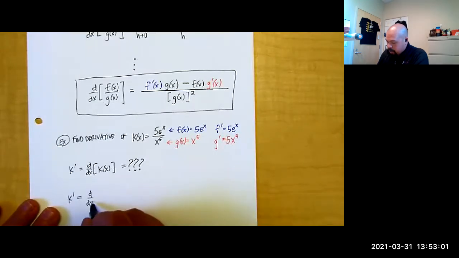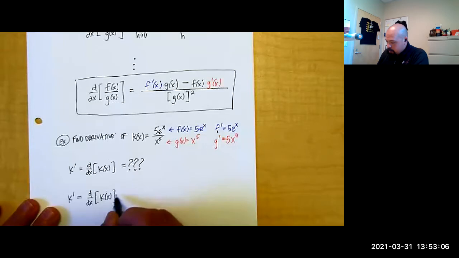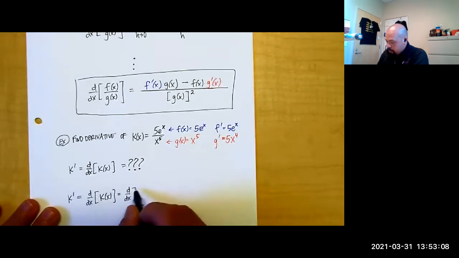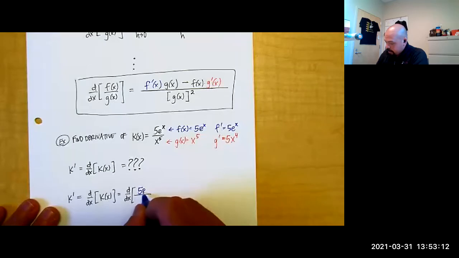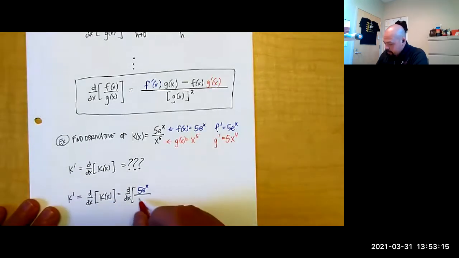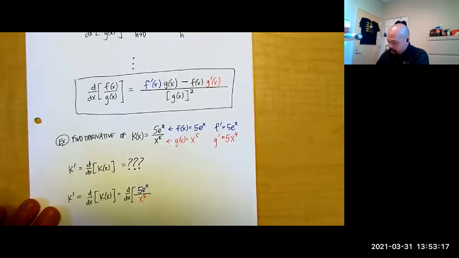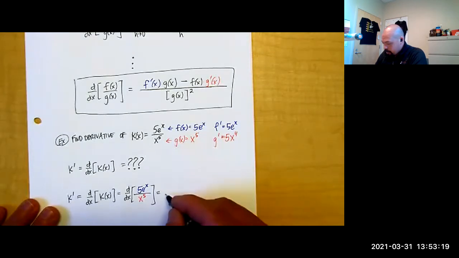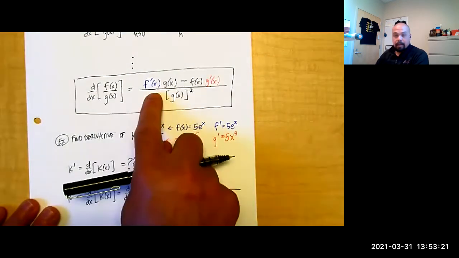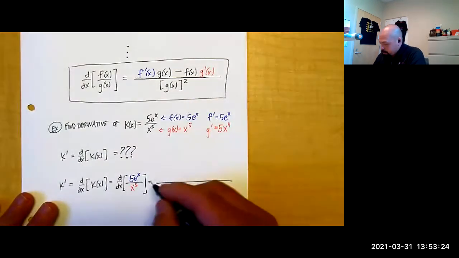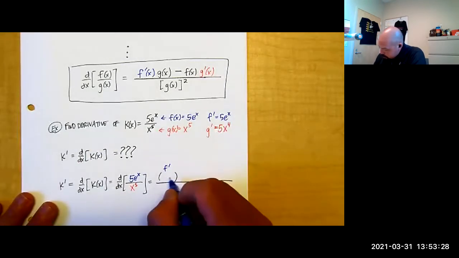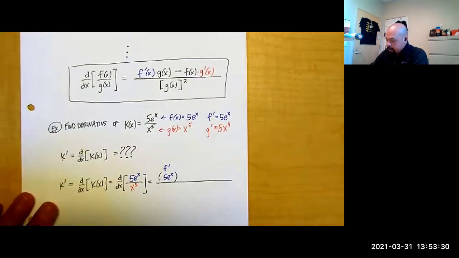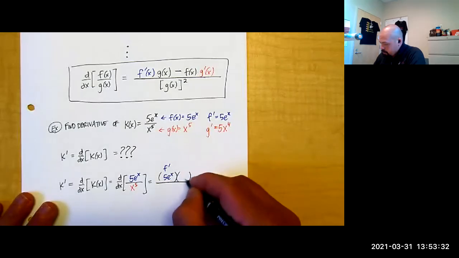or k prime of x, okay? Right, we're doing the derivative dx of, and let me put those quotient components in color here, 5e to the x over x to the fifth. So doing that derivative, in the numerator, f prime. So that's 5e to the x times g, x to the fifth.